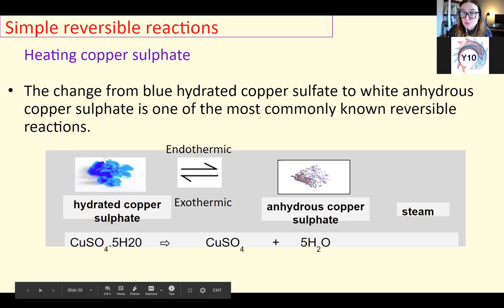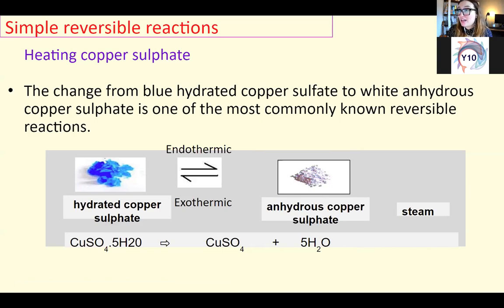I get anhydrous copper sulphate and steam. Anhydrous copper sulphate is a white powder. So I heat hydrated copper sulphate up in an endothermic reaction, and I get anhydrous copper sulphate, which is white.